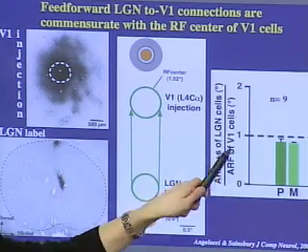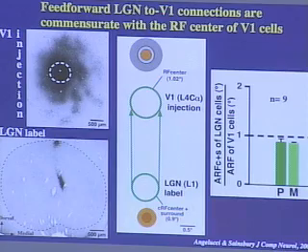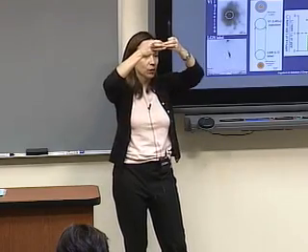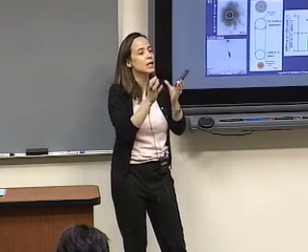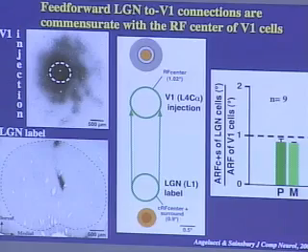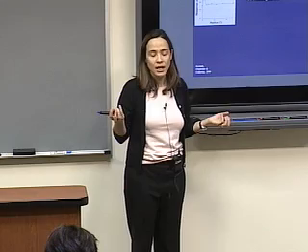You can see that this is close to 1, again indicating that there is a match in size between the receptive field center size of the LGN cells converging on V1 cells. Essentially, this feedforward pathway is suited to build up the receptive field center size of the V1 neuron, but not the surround. However, at the time that we performed these studies, there were no data on the extraclassical surrounds. So these center-surround interactions I've been talking about are also referred to as extraclassical receptive field.